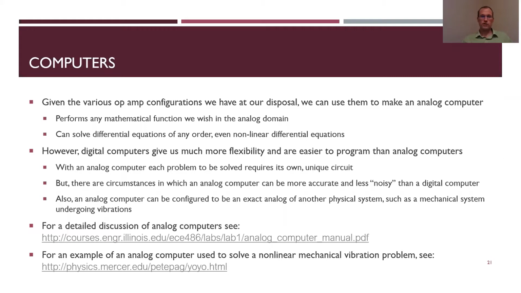Solve differential equations of any order, even the non-linear ones, again by using those integrations and differentiations that we can do. The problem with that is that all that is done with analog signals. Computers are generally digital devices, and so using digital signals in computers is a much more efficient way to use computers. That's what they're based off of.